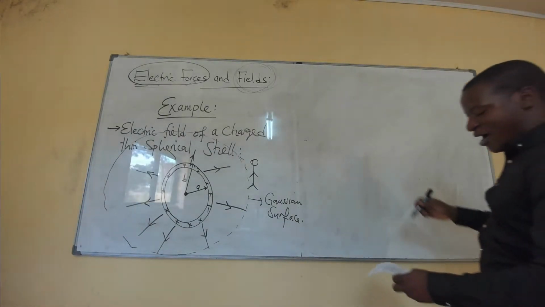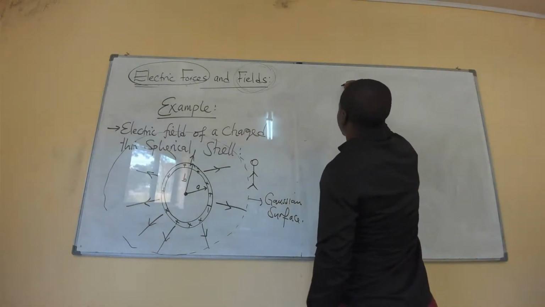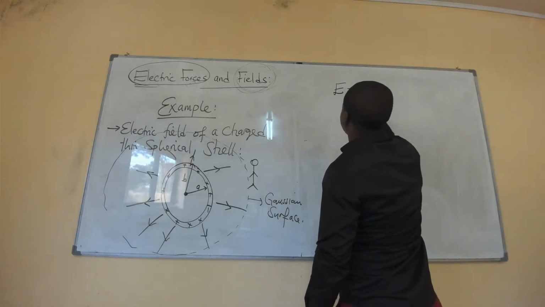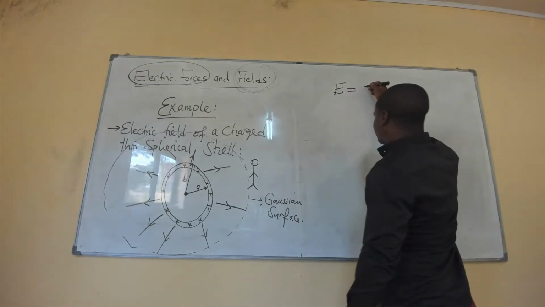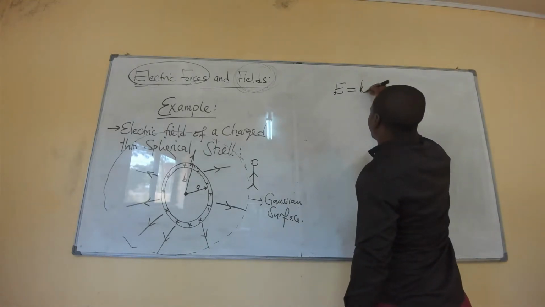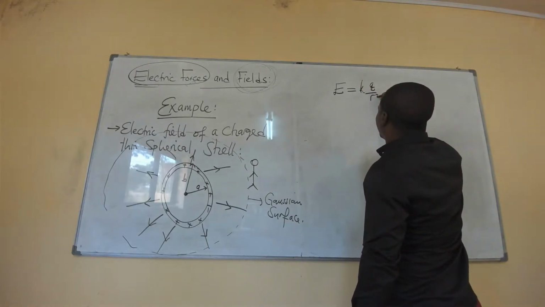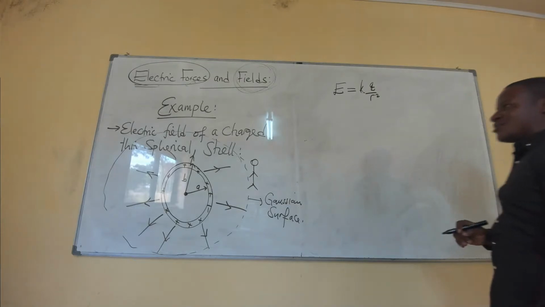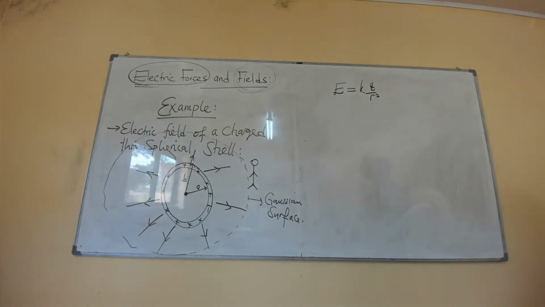We know from our definition that E is nothing but KQ over R squared. This is our simple definition of the electric field. So how do we put that now in our setup?